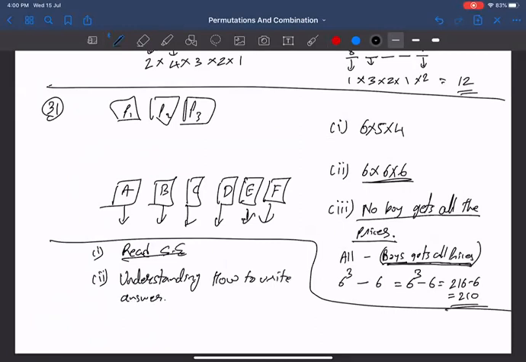Don't follow their methods, that's okay, but see how they've represented the answer. And the third thing, do exercise.